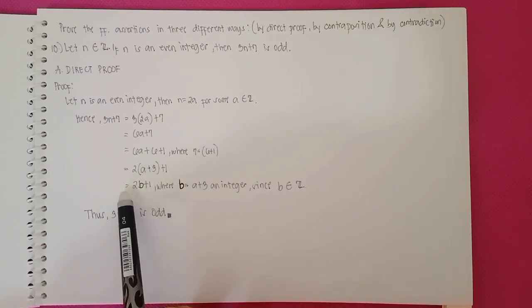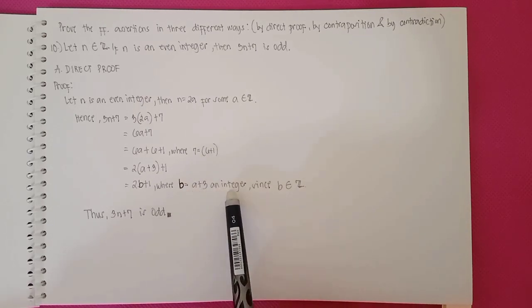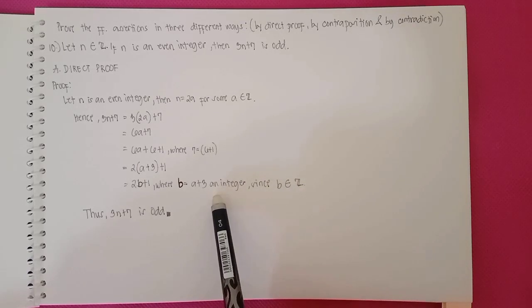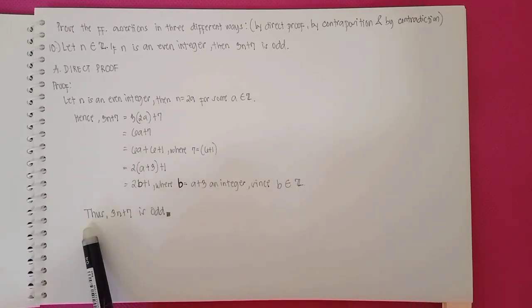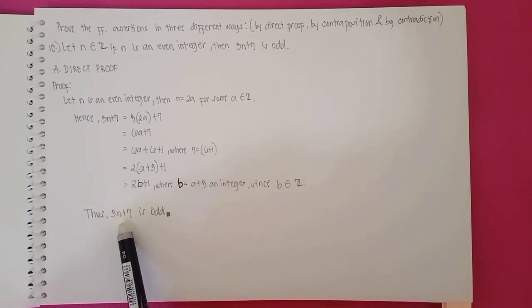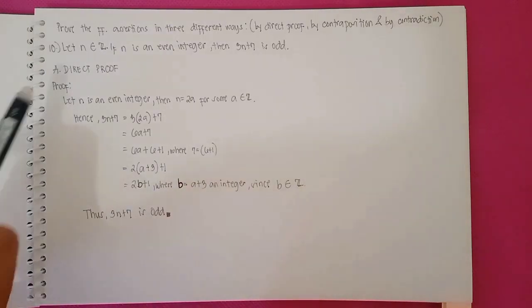And it is just equal to 2b plus 1, where b is equal to a plus 3, an integer, since b is an element of integers by closure property of addition. Thus, we prove that 3n plus 7, which is equal to 2b plus 1, is odd by direct proof.